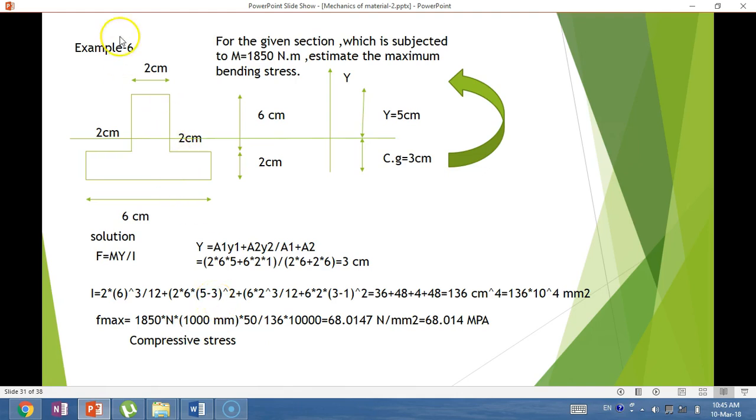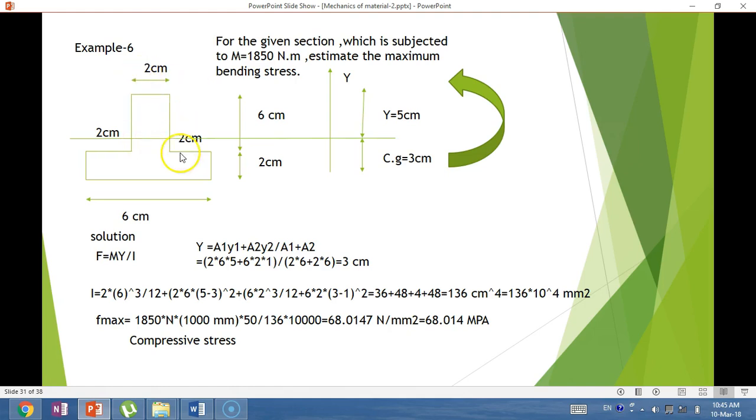The inertia of that section is equal to the inertia for every area plus the multiplication of the area by the square distance from the CG of each area to the neutral axis.